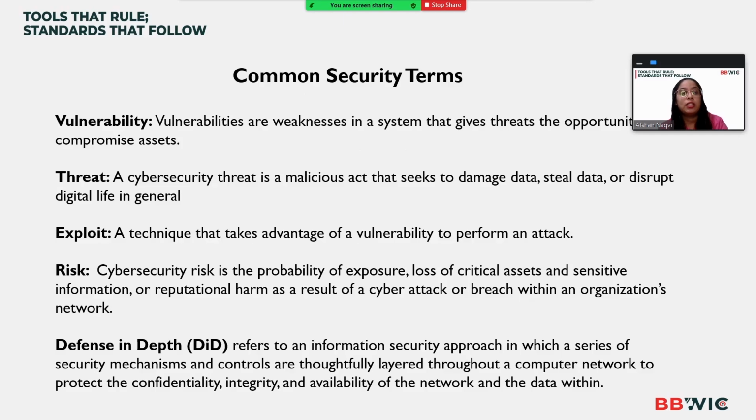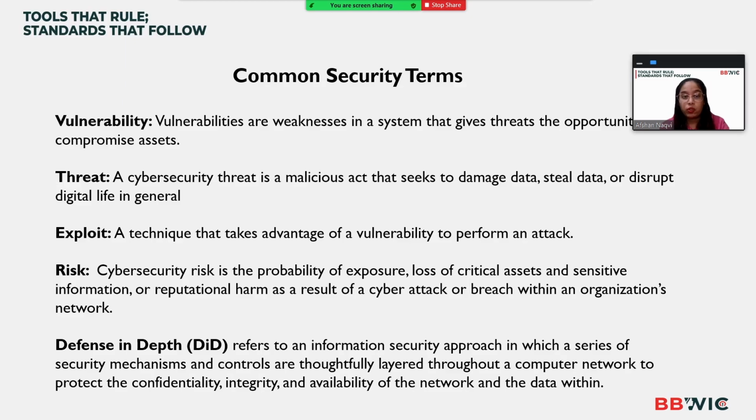Let's see the next common security term, that is vulnerability. Vulnerability is a weakness or flaw in a system's security procedures, design, implementation, or internal controls that could be exercised, accidentally triggered, or intentionally exploited, and result in a security breach or violation of the system's security policy.